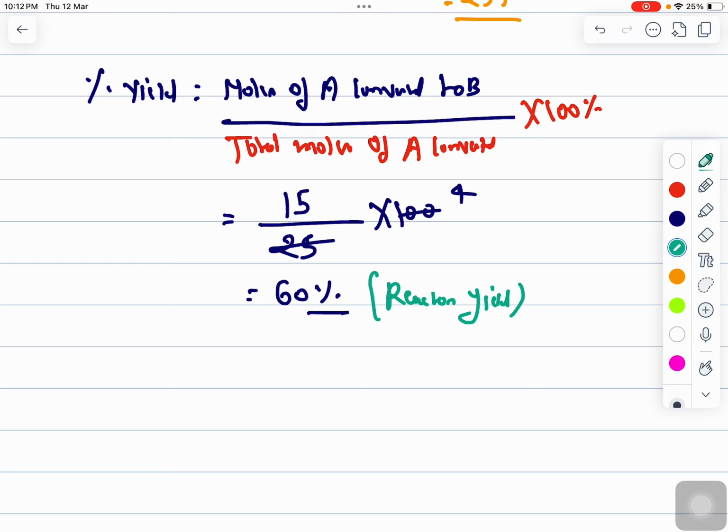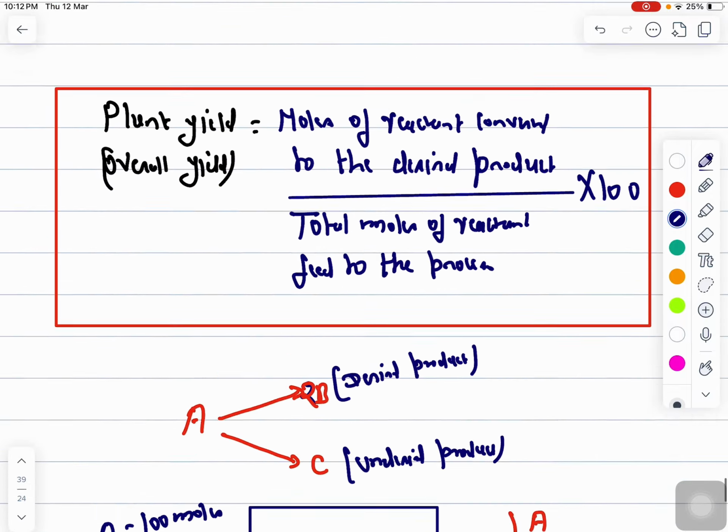This concept will come in a later section of this process calculation topic, when I will be talking about reactor bypass and purge also. Now if I want to calculate percentage plant yield, right? That will be how much?